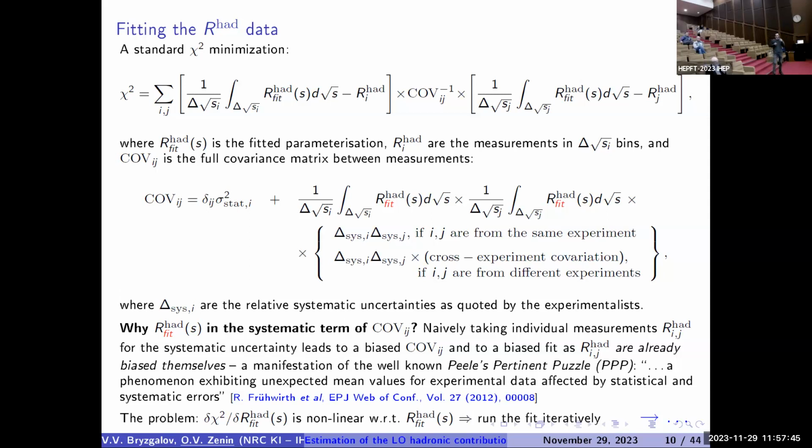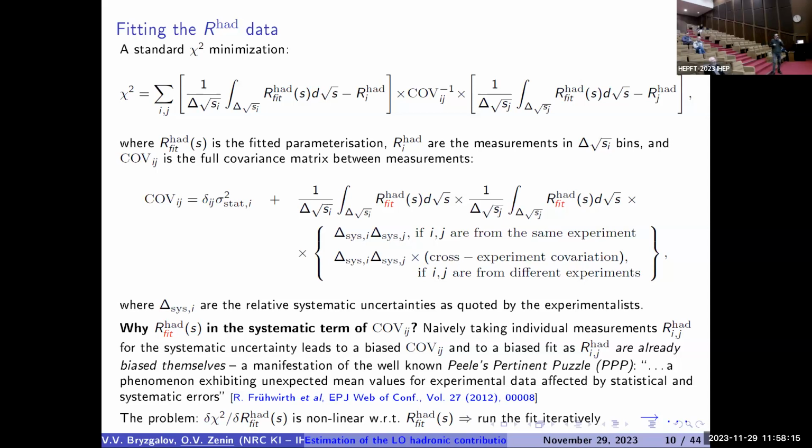Instead of using the individual cross-section measurements to build the covariance matrix, we should use the already averaged cross-section to estimate the systematic errors. This makes our problem of finding the mean nonlinear with respect to our parameterization.